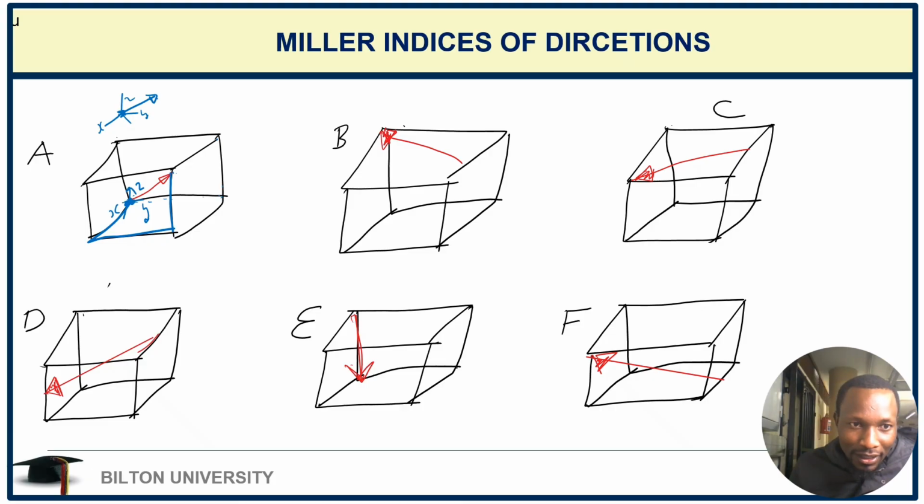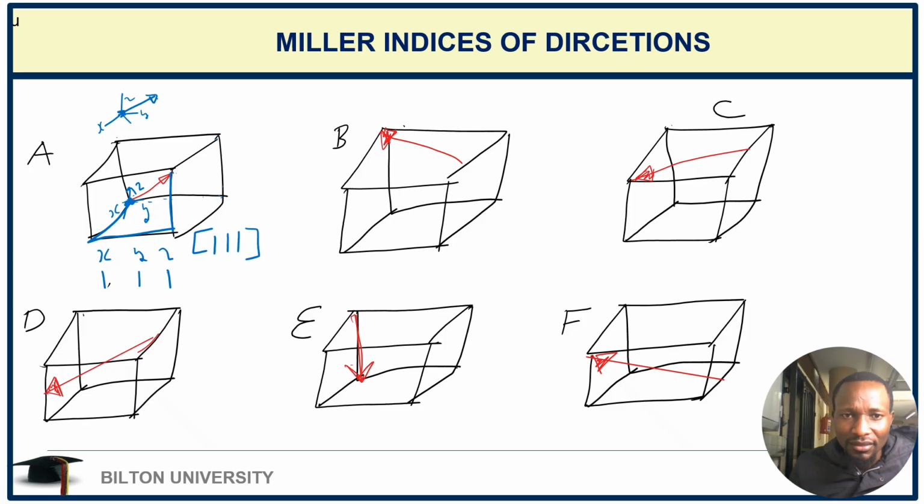So it means there is one full length on the x-axis, one full length on the y-axis, and one full length on the positive z-axis, and therefore, after writing this to the lowest integers, because it's 1 1 1, we can then write them in the bracket. So we close them in the bracket, and this becomes our Miller index for A.